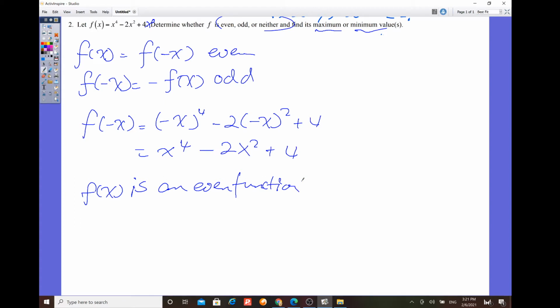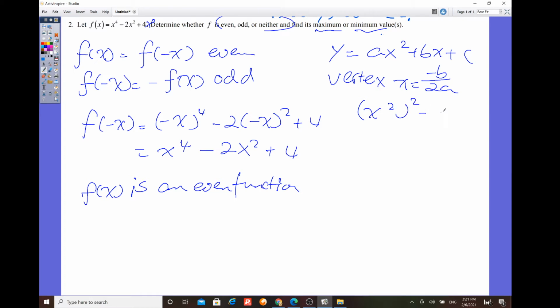The way to find the maximum, minimum is to pretend this is a quadratic equation. The way to find the vertex of a quadratic equation is x equals negative b over 2a. So for this one, we can write x to the power of 4 as x squared, quantity squared, minus 2x squared, plus 4.